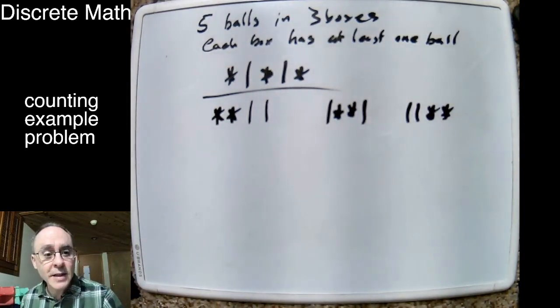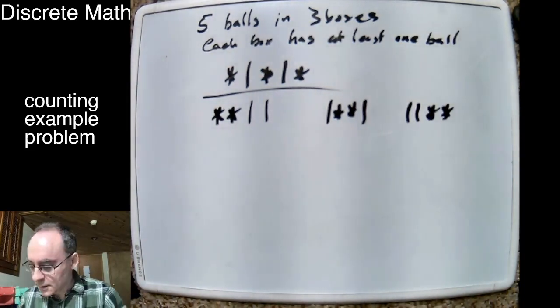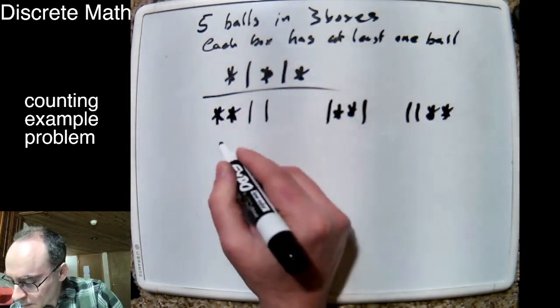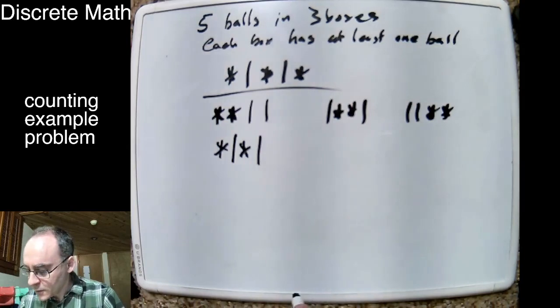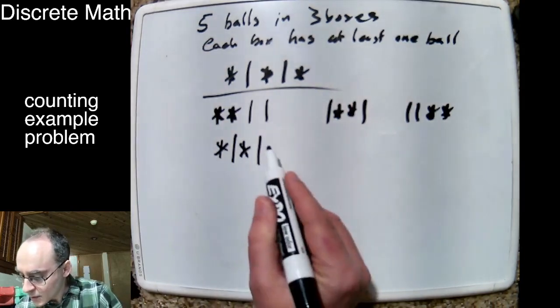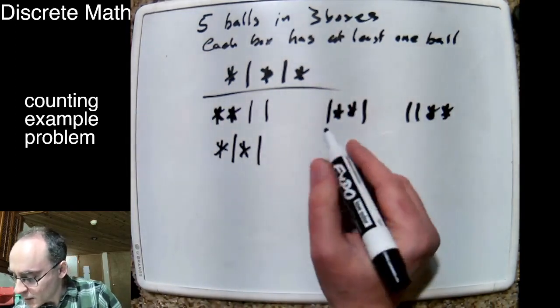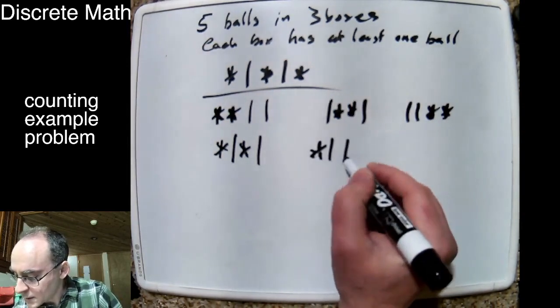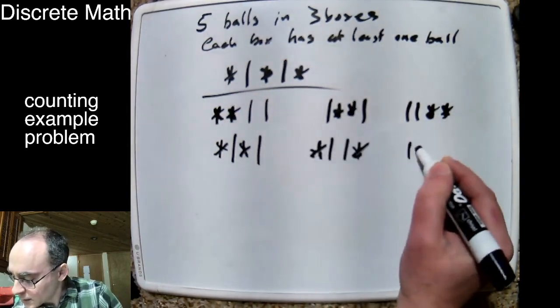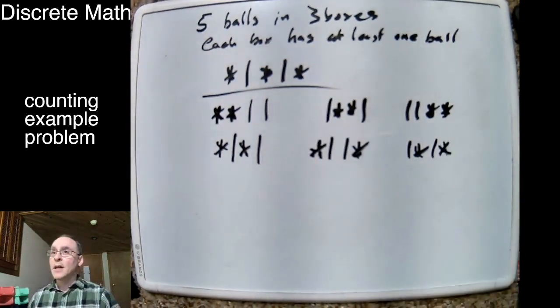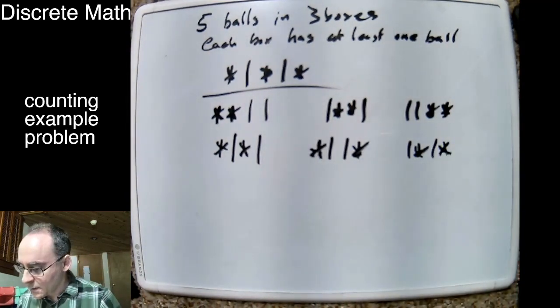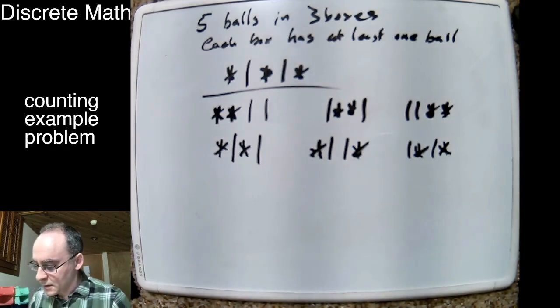The other possibility is I put the 2 balls in different boxes. For example, I could have them in the first 2 boxes, and we can see there's 1 empty box, so I have 3 choices of which box I want to be empty. I could have the box in the middle be empty, or the box on the left be empty. All put together, there's 6 possibilities here.